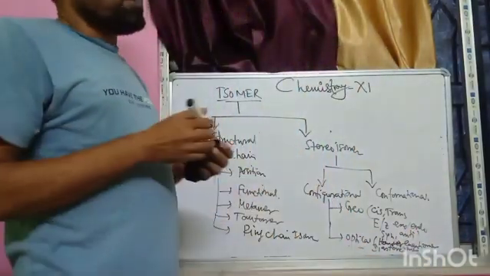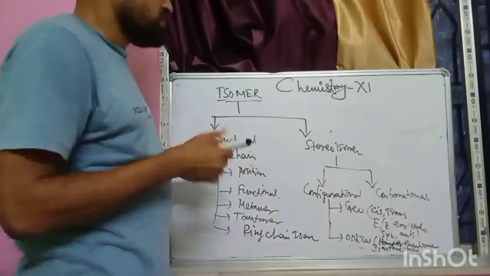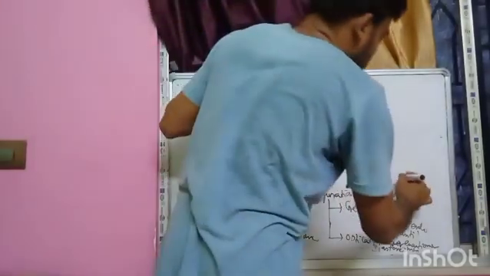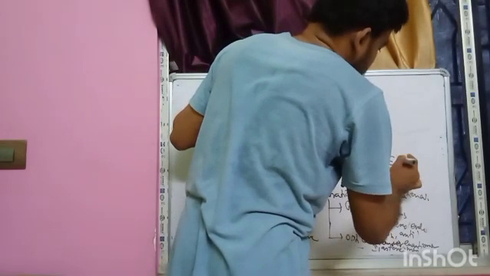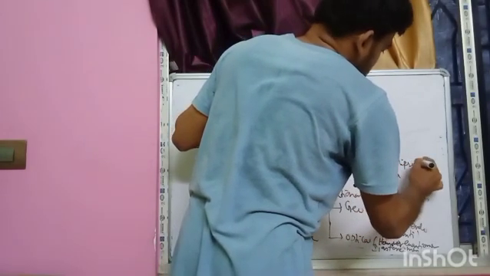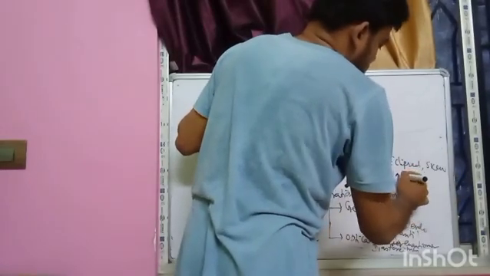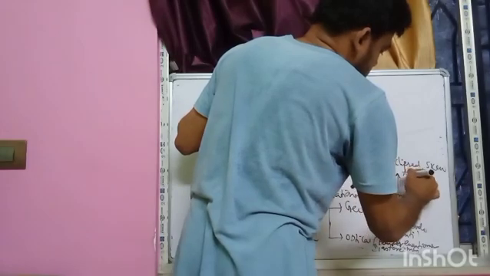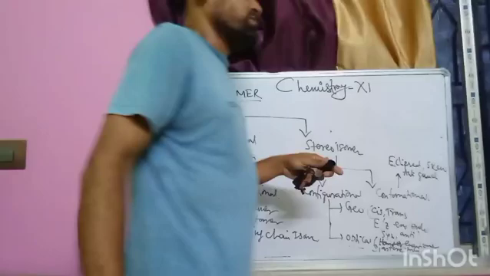And for conformational isomer, there are different structures such as staggered, eclipsed, one is skew, another is anti or gauche, etc.